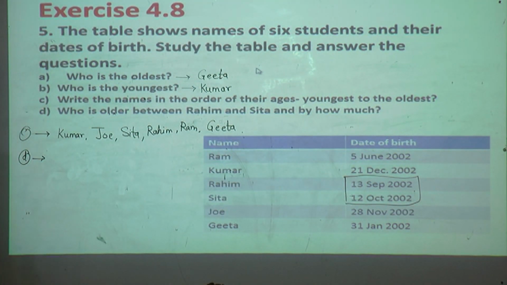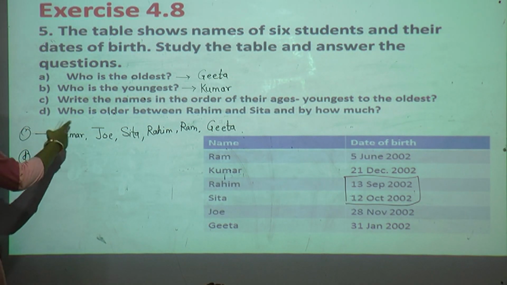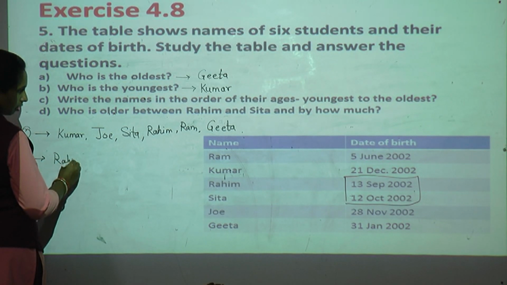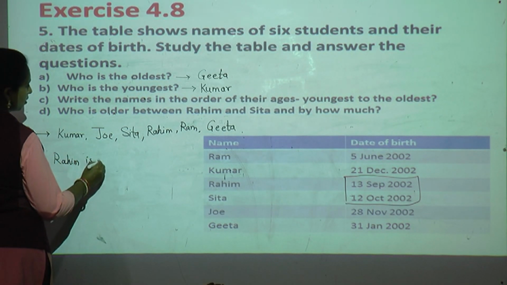Now, who is older? Means who is bigger? Who was born first? Of course, September month will come first. So Rahim was born first. So who is older? Rahim, isn't it? You can write: Rahim is older.